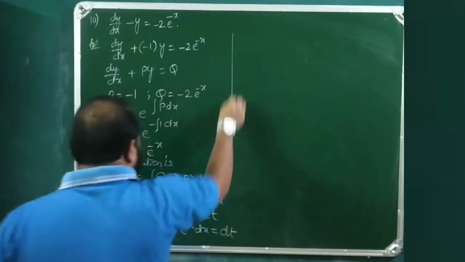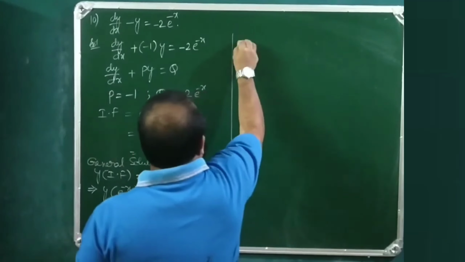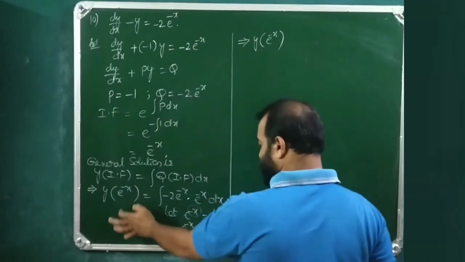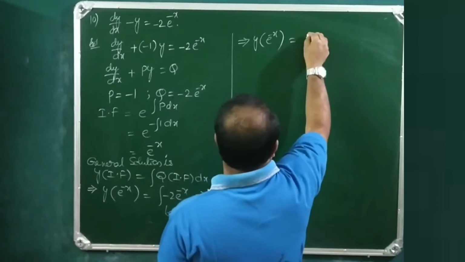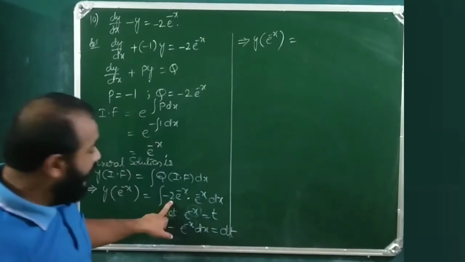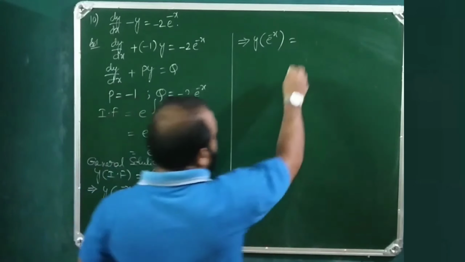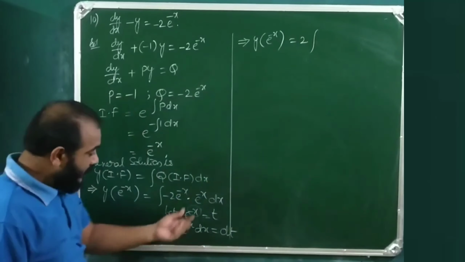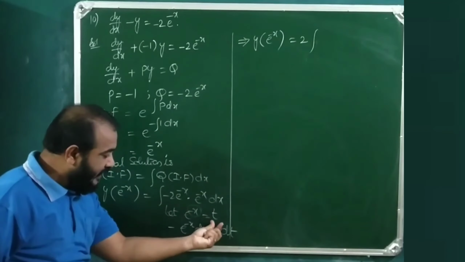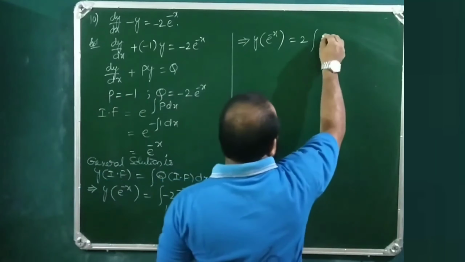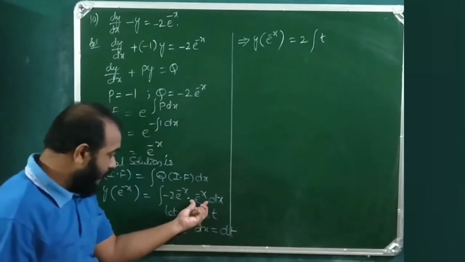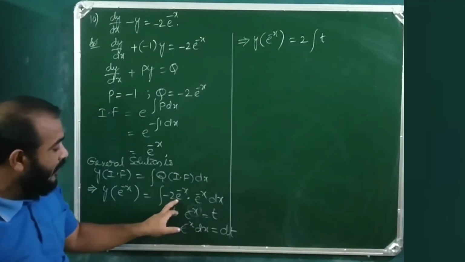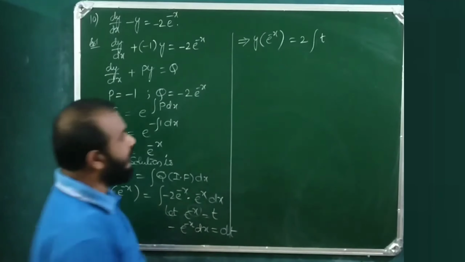So y into e power minus x is equal to 2, being a constant, I am separating from the process of integration. I have taken e power minus x to be t, so minus e power minus x dx is dt.